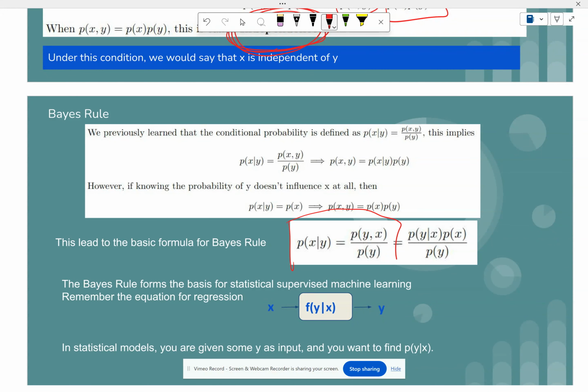We can do yet a different manipulation. This right here is what I just showed you, the definition of conditional probability.